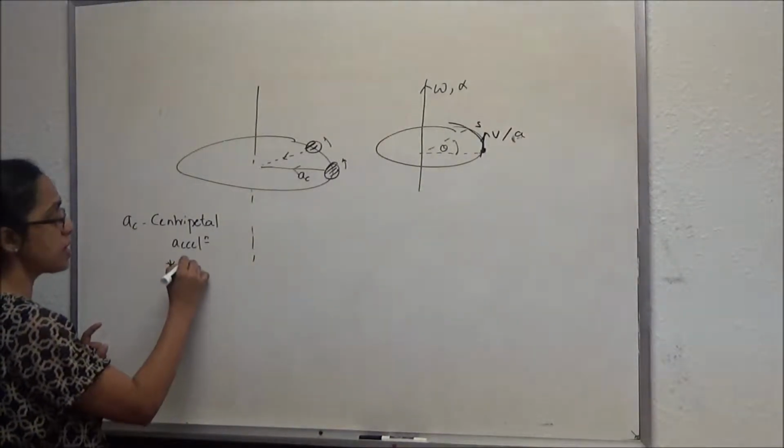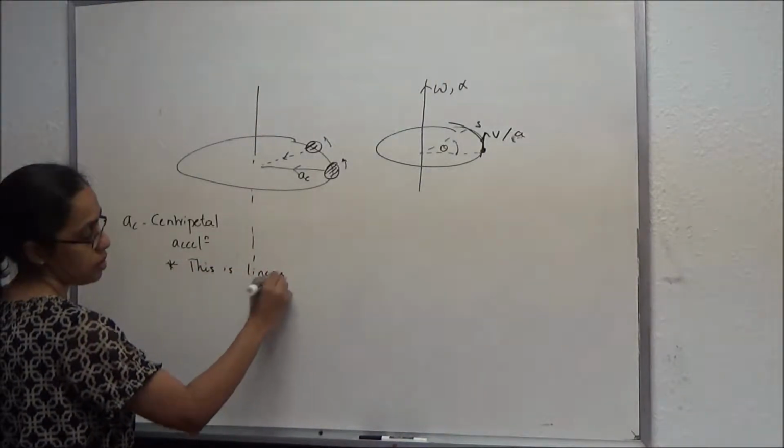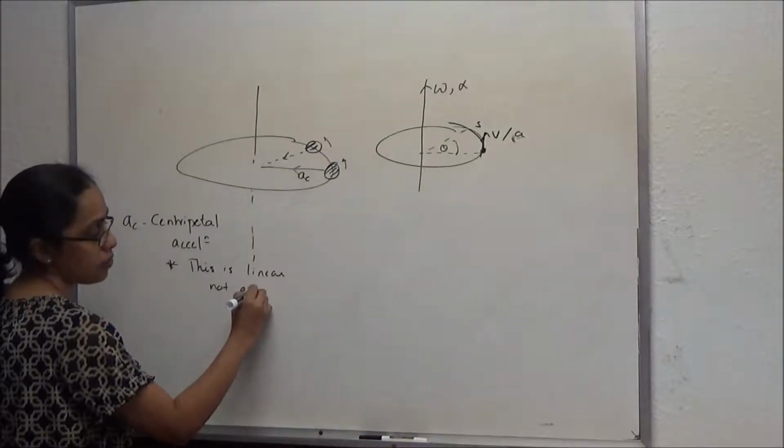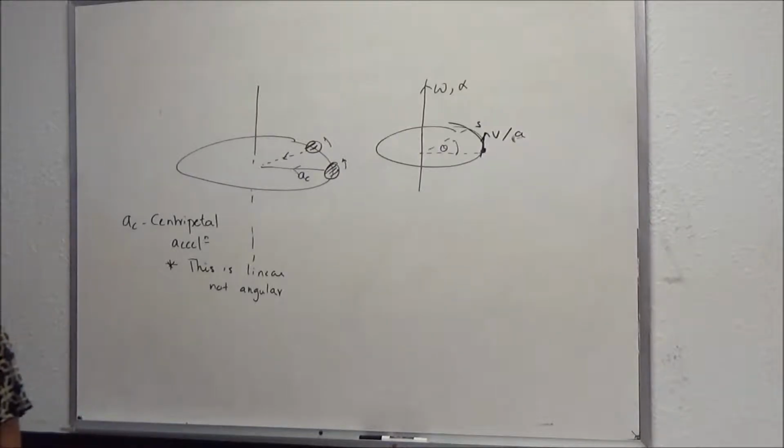Put a star and write, this is linear, not angular. This is a place where most kids confuse themselves. There are three sets: linear, angular, and centripetal towards the center.